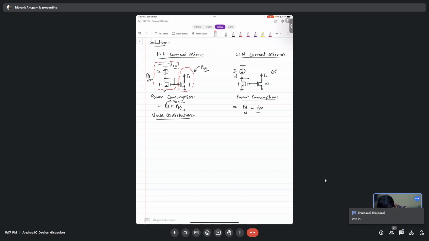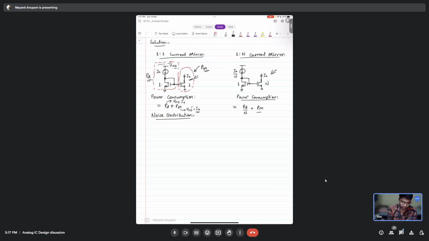I can only comment on this part simply in terms of this, so maybe I can write it. This is I naught, current flowing through this MOSFET, and this will again be coming from some supply. Let's call that VDD prime. So PM is VDD prime times I naught.